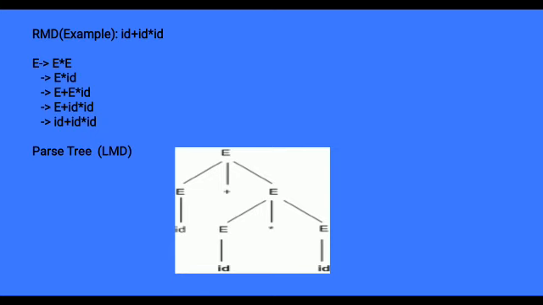And coming to the next, left side E I replaced with E plus E into id. And next from right to left, E into id is replaced with id. Finally from the left side, first E is substituted with id, we got the input string result. This is called rightmost derivation.